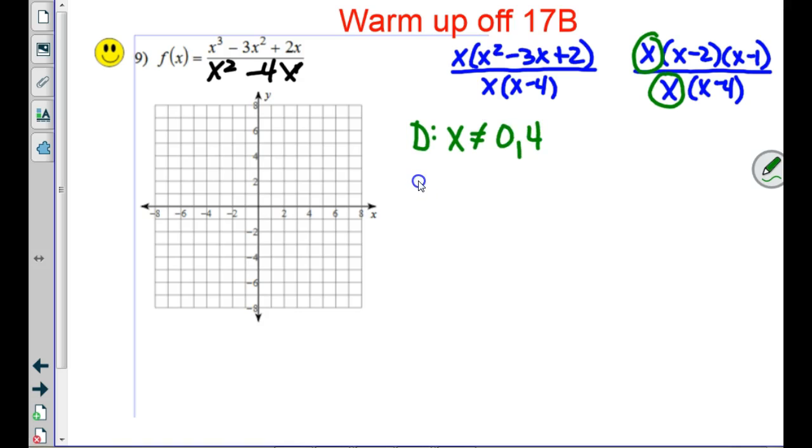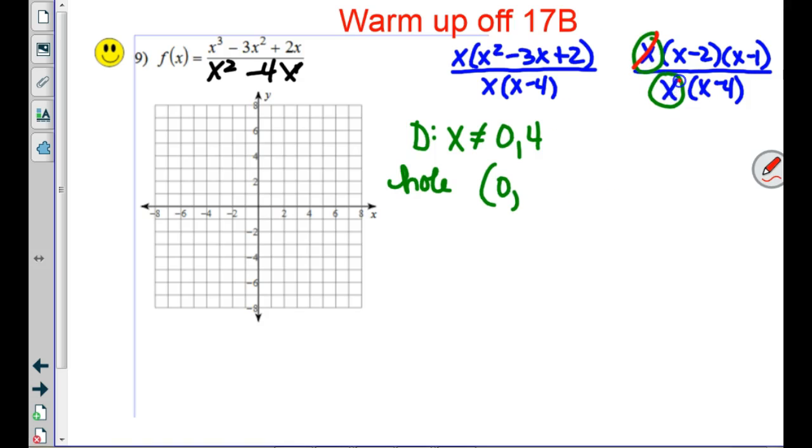The second thing on the yellow sheet is to find the hole. Anything that's a common factor on the top and the bottom will make a hole. That hole is at x equals 0. And then we have to plug the 0 back in to figure out where the hole is. But you can't plug it into the original because you'll get 0 over 0.